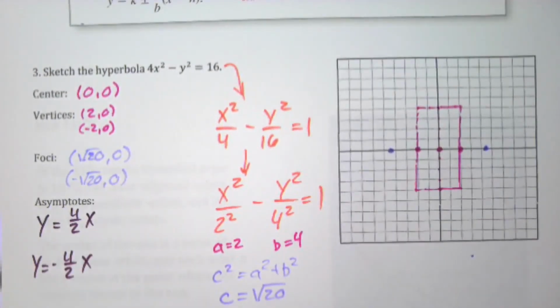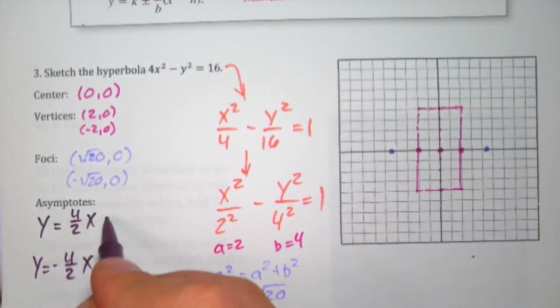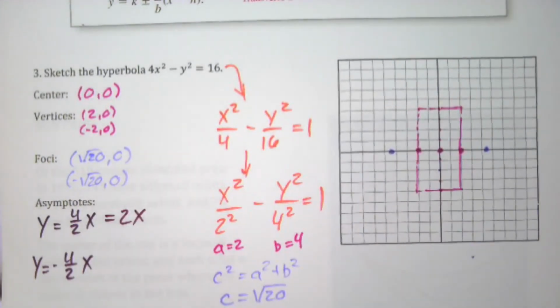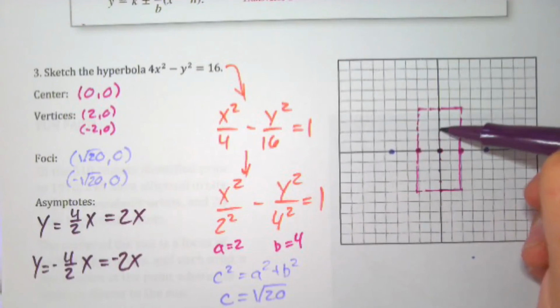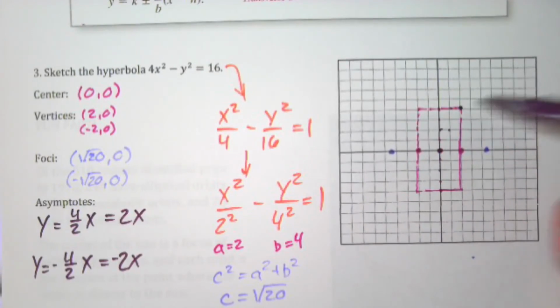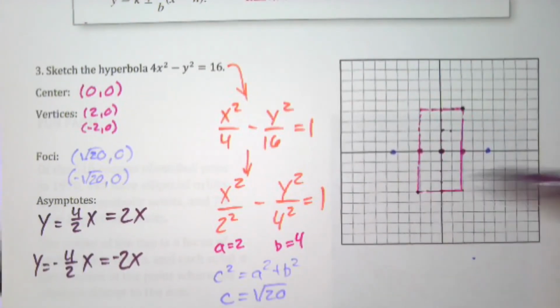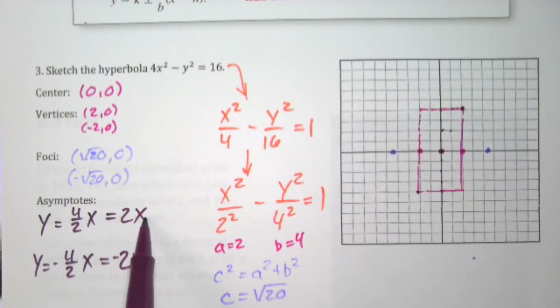Now, we would usually simplify this, right? This is going to be y equals 2x. This is going to give me y equals negative 2x. So both of them have a y-intercept of 0. So from 0, 0, if I were to go, say, up 2 over 1, up 2 over 1, we end up hitting that corner, which is exactly what we'd expect from the first asymptote.